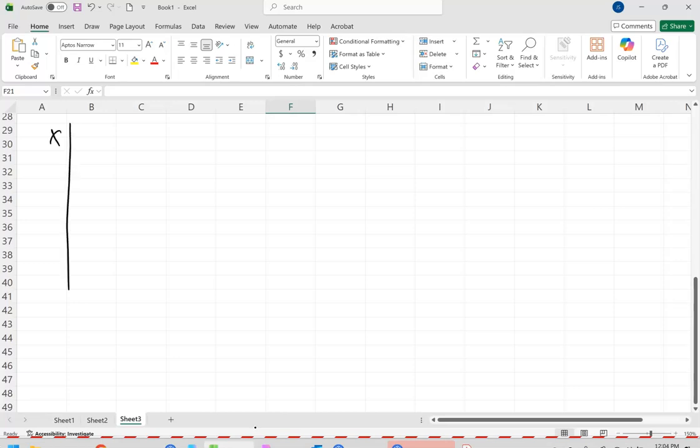Let's say I have x and y, and we have 0, 1, 2, 4, 6 for the inputs, and 1, 9, 23, 93, and 259 for the outputs.